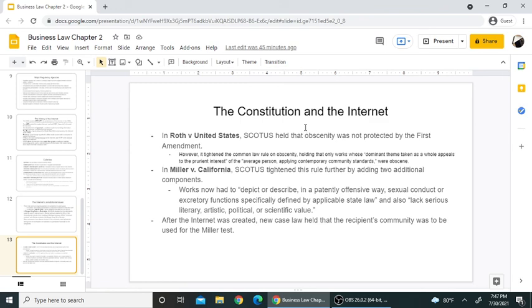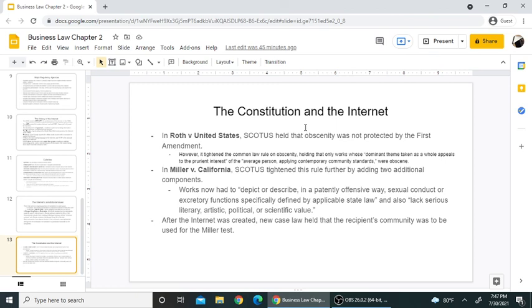So there are some other cases that are important when it comes to the Constitution and the internet. In Roth v. U.S., the Supreme Court first held that obscenity is not protected by the First Amendment, but it also tightened the rules on obscenity, so it made it much harder for an obscenity case to succeed. It set a much tougher standard.